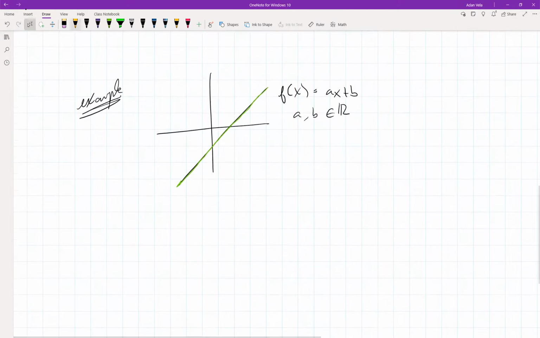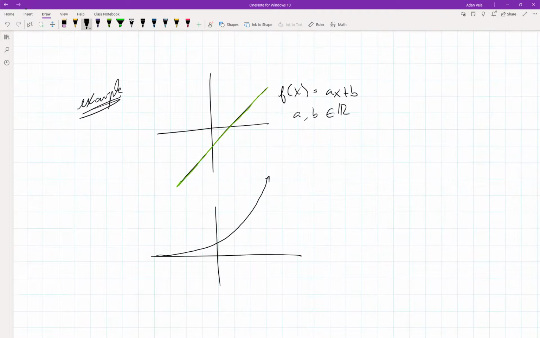Another example of a convex function is an exponential. So f of x is equal to e to the ax, right, where a is a real number. That's also a convex function. Let's see what else we got.